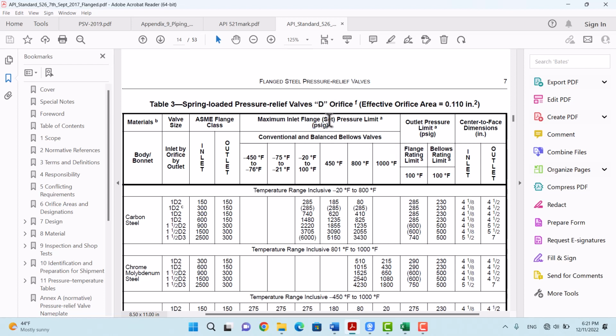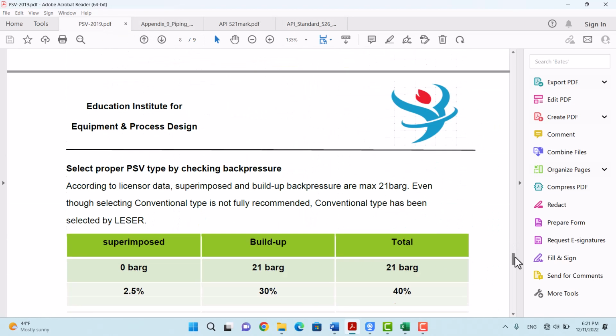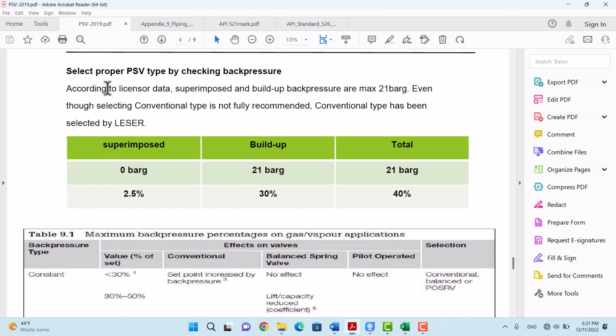So we know that for our application it is a D orifice, but before using this table we should make sure whether our valve is a conventional or balanced bellows type. To do so, we go to our application and check it. According to licensor data, superimposed and built-up back pressure is maximum 25 bar gauge. Even though selecting conventional type is not fully recommended, conventional type has been selected by the licensor.